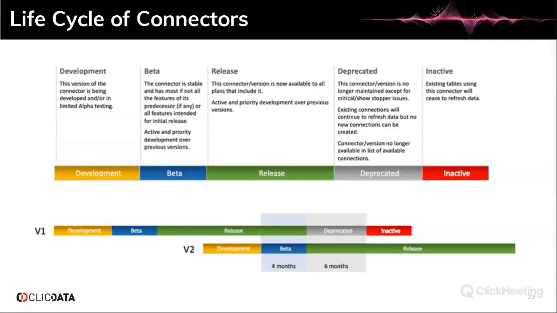During the deprecation state, existing tables can continue to be refreshed, but no new additions of this connector will be allowed. And at the point in time where there's an inactive, then the refreshes themselves will cease to work. So we are aiming at having a nice overlap and giving everybody time to change connections.